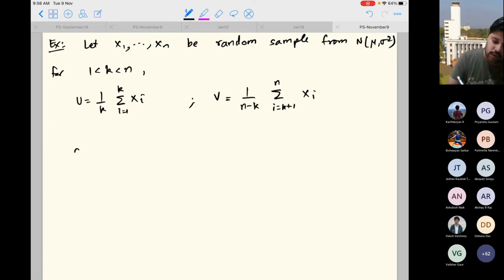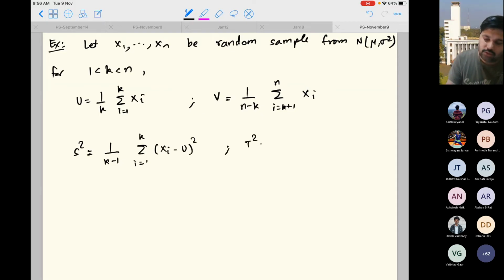And I am calculating this S square: 1 upon k minus 1 summation i from 1 to k of (xi minus U) whole square, and T square is 1 upon n minus k minus 1 summation i from k plus 1 to n of (xi minus V) whole square.